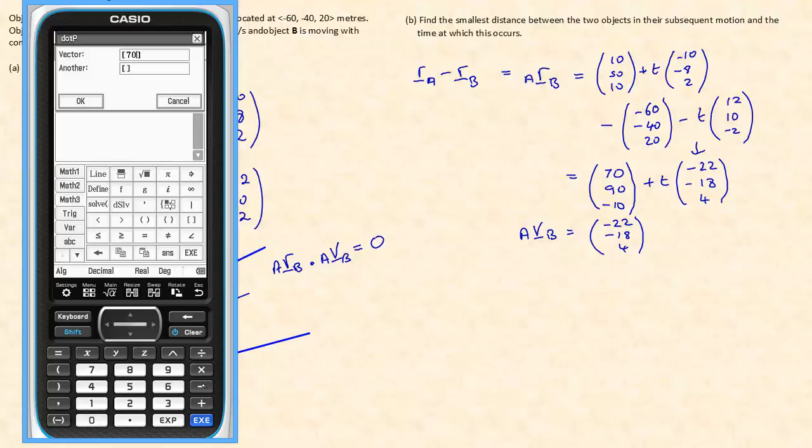I'm going to put this in as 70 take away 22x, so that the calculator will solve for it without me having to do anything else. 90 take away 18x, and then negative 10 add 4x.